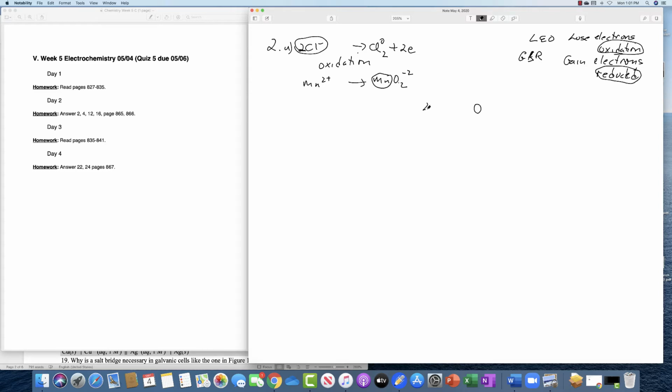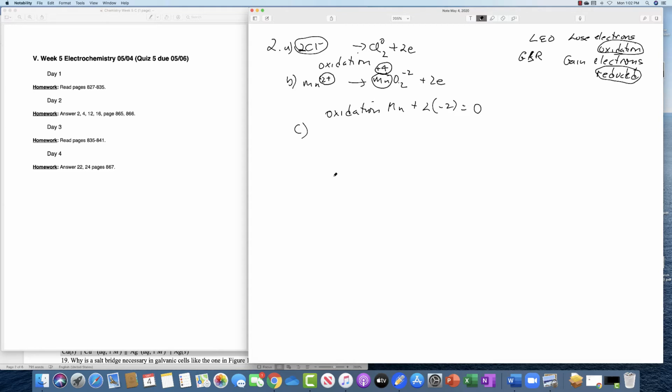So 2 times -2 plus whatever Mn is has to equal 0, and so Mn has to be +4. To go from +2 to +4, you have to lose 2 electrons. So again, we're losing 2 electrons, or on this side you'd write +2e. And therefore this is also oxidation. So that's B.